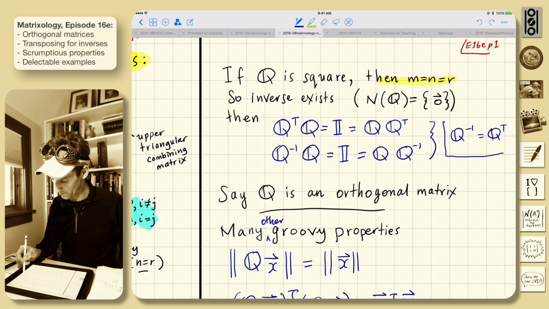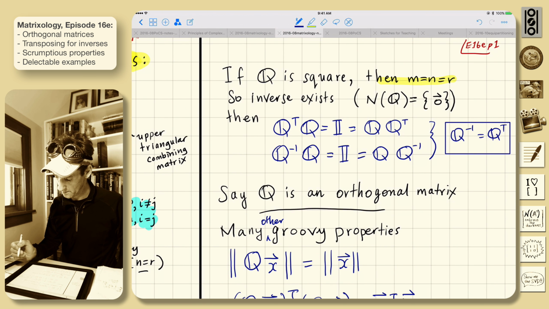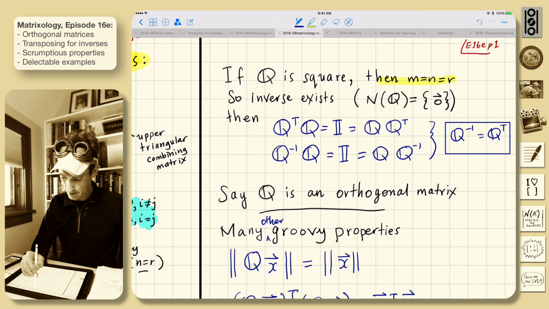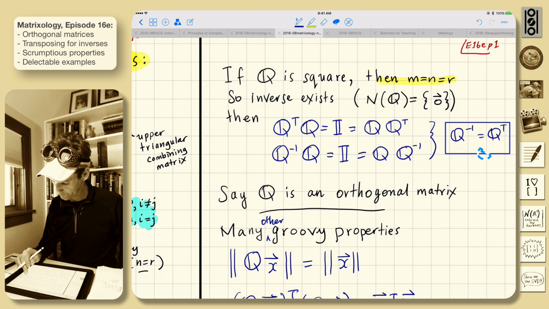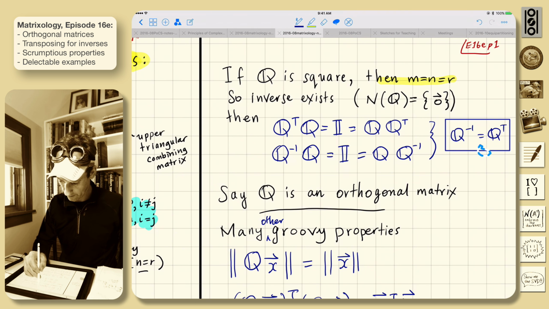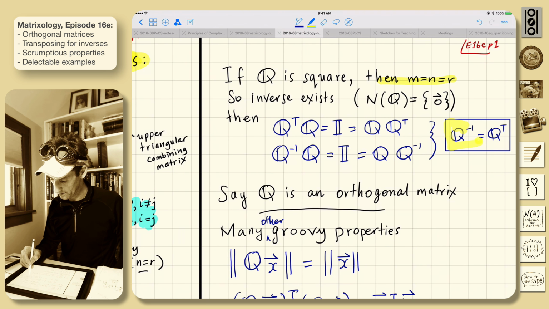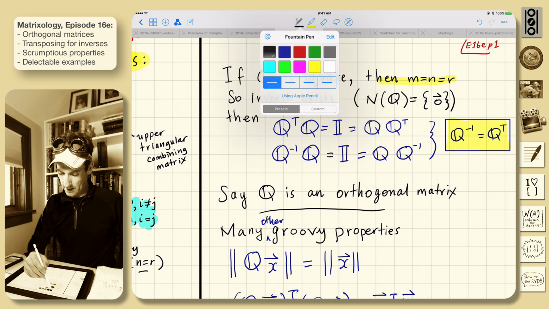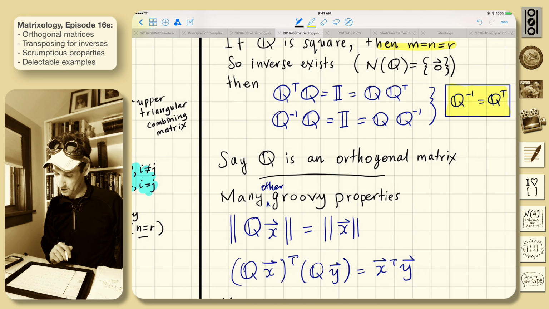Let's see if I can draw a box. Let's color it in because we're very excited. So the inverse, just the inverse. Inverses are hard to find. If you remember, we had to do Gauss-Jordan elimination. Lots of row operations. Just take the transpose.